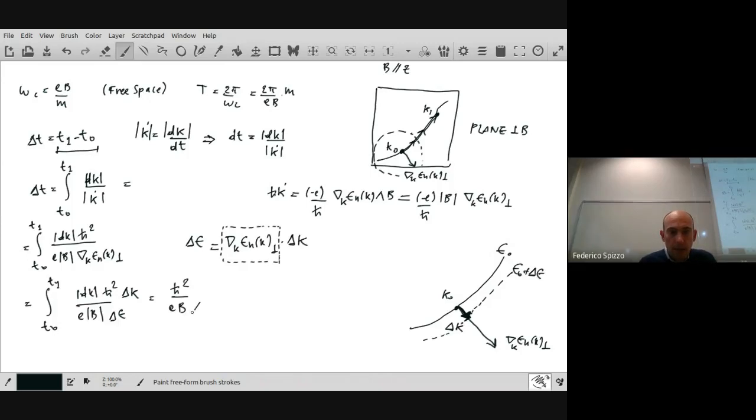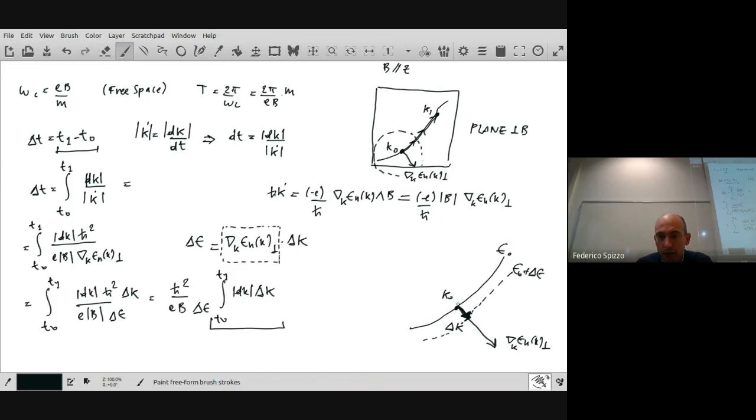So I may take that out of the integral, and then I have the integral from T0 to T1 of dk modulus and delta k. If you notice now, this integral is the summation of the product of dk modulus times delta k from the initial point to the final point.